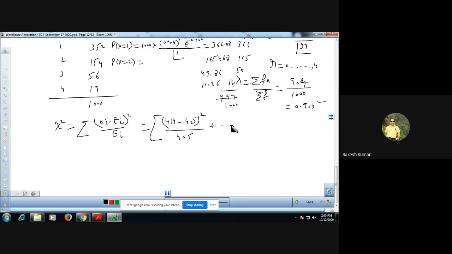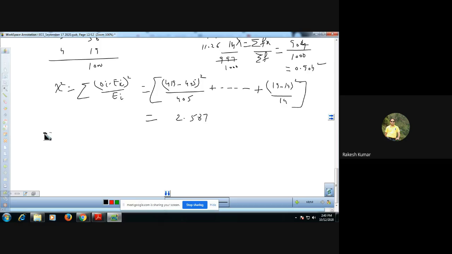So this is the way to compute the sum total, that is 419 minus 405 whole square divided by 405. This is the way to compute chi-square. This comes out to be 2.587.